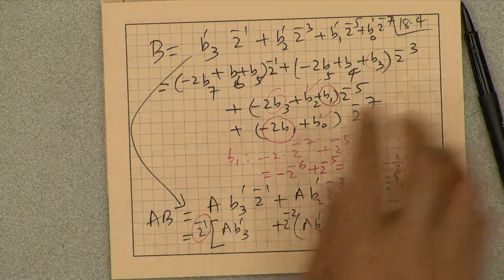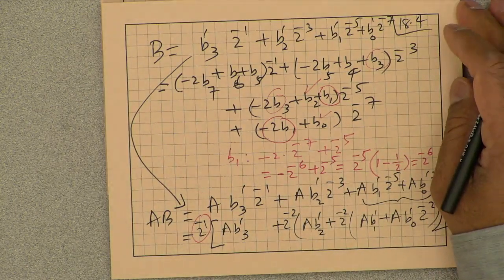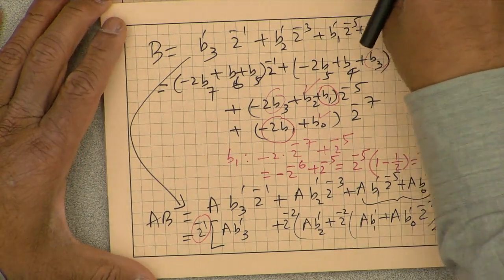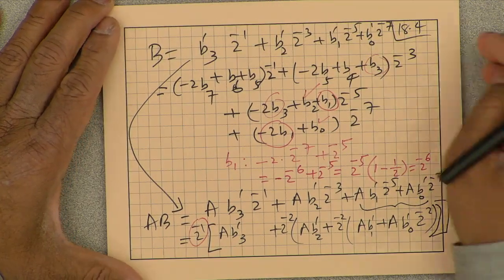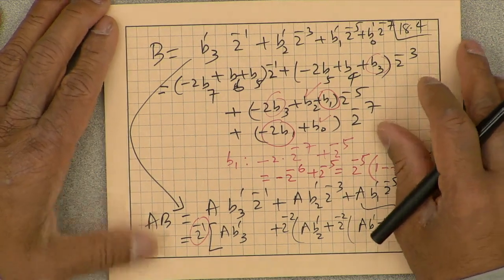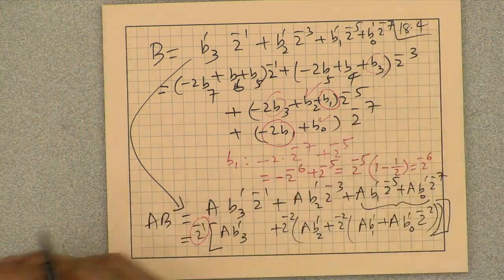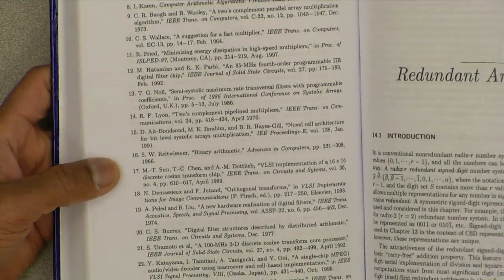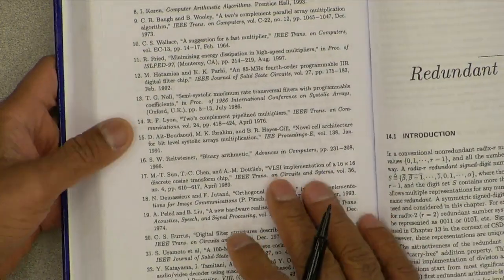Great. So we have seen that by recoding bits to digits, we can reduce the latency by 25%. That's certainly a very good way to reduce latency. Let me see if I cite a reference.